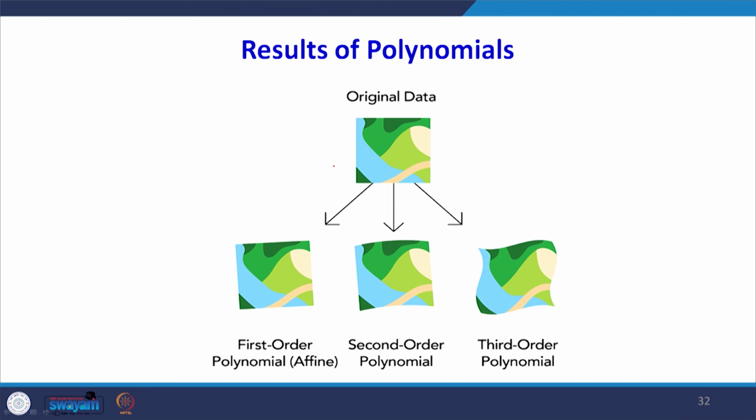Now if I am going for a higher order polynomial, it is not necessary I will get the high accuracy. It shows that if I am going for the third order polynomial, the image gets distortion. So it is not necessary I go for a very high order polynomial, select a very large number of control points, and still get better accuracy.